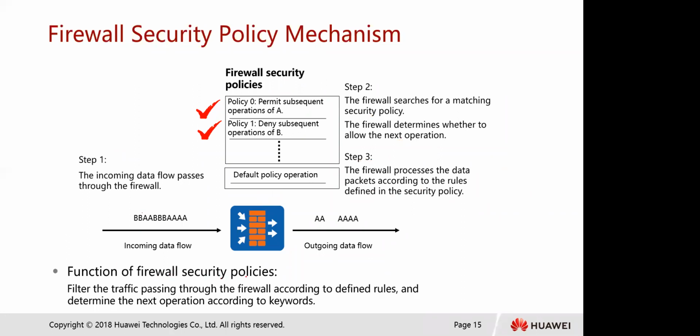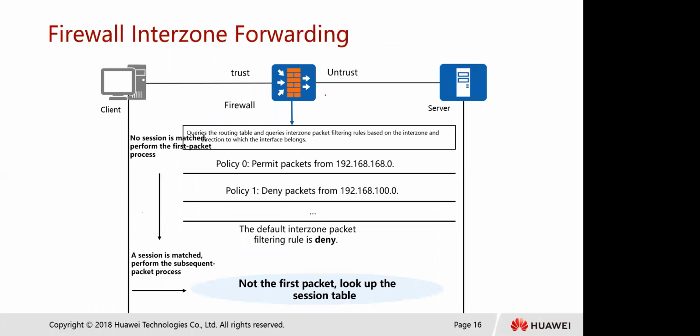So the functions of security policies, like I said, are to filter the traffic passing through the firewall according to the policies we have defined, and determine the next operation according to the keywords we have set.